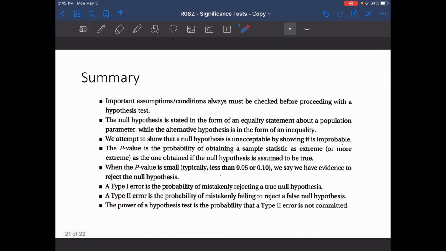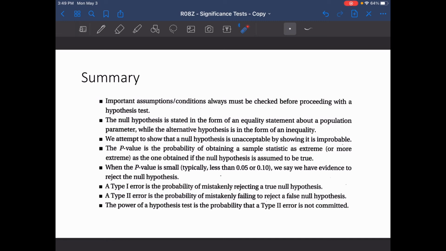Okay, so just a summary of everything for significance tests. Important assumptions and conditions always must be checked before proceeding with a hypothesis test. The null hypothesis is stated in the form of an equality statement about a population parameter, while the alternative hypothesis is in the form of an inequality. We attempt to show that a null hypothesis is unacceptable by showing that it is improbable.